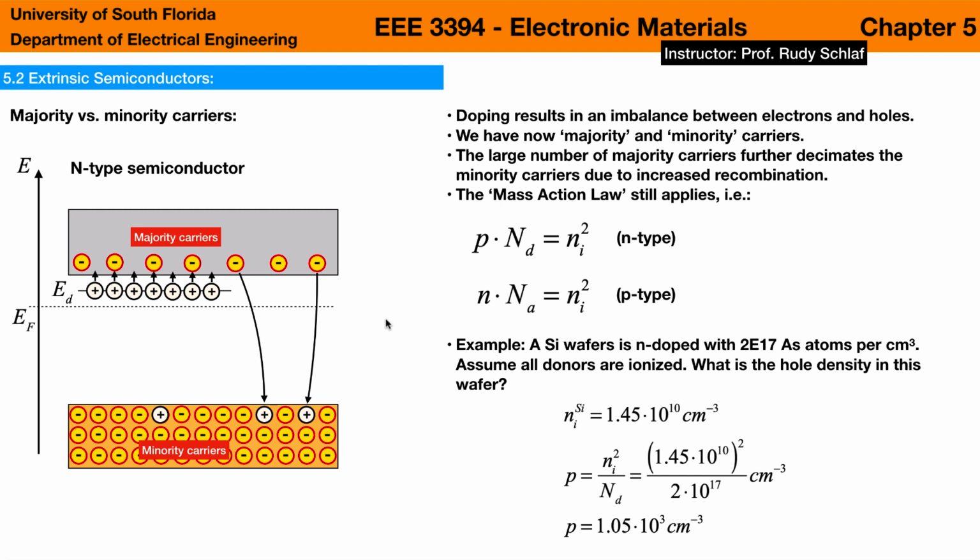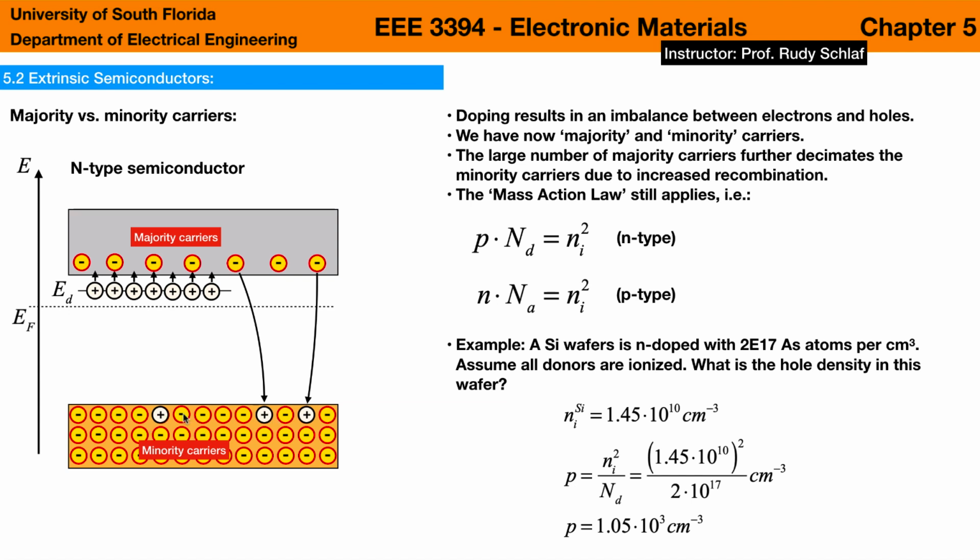So at this point you understand how we can change the number of holes or electrons in a semiconductor material. An interesting question in this context is what happens to the other type of charge carrier. So in the example of an N-type material, we have many more electrons now up here than we had before just from thermal generation. And this large number of electrons causes a much higher probability for recombination with the holes that are in the valence band.